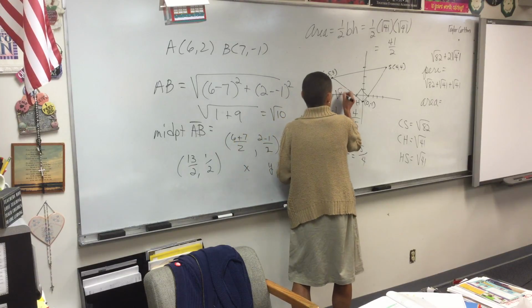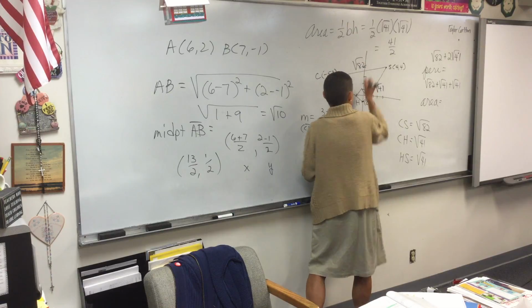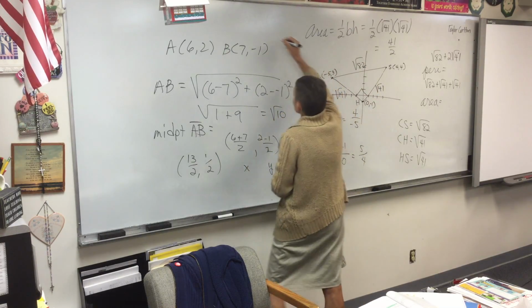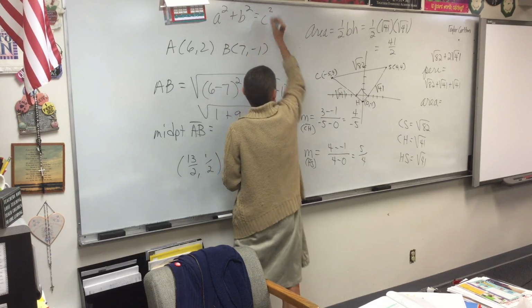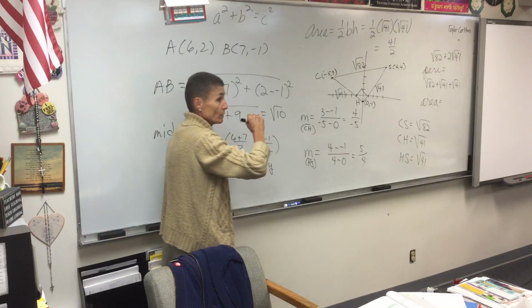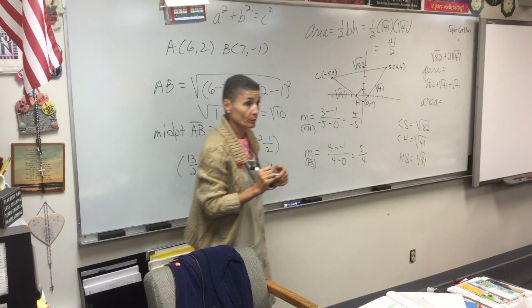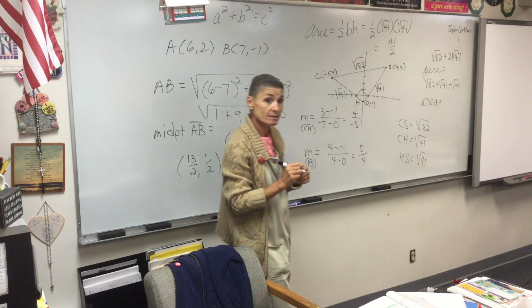This side was root 41, and this side was root 41, and this side was root 82. Remember something called a squared plus b squared equals c squared? What is that? Pythagorean theorem. And the Pythagorean theorem only works in triangles that are right, 90 degrees.